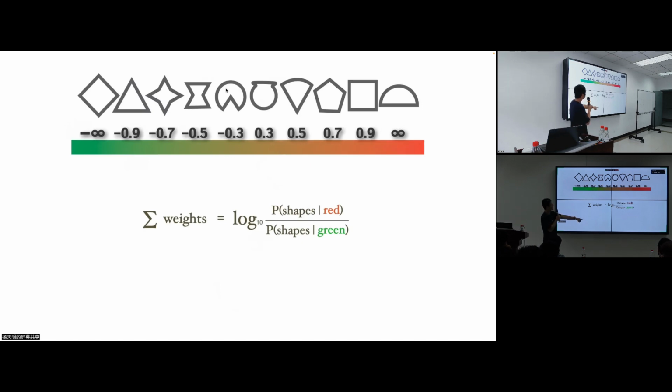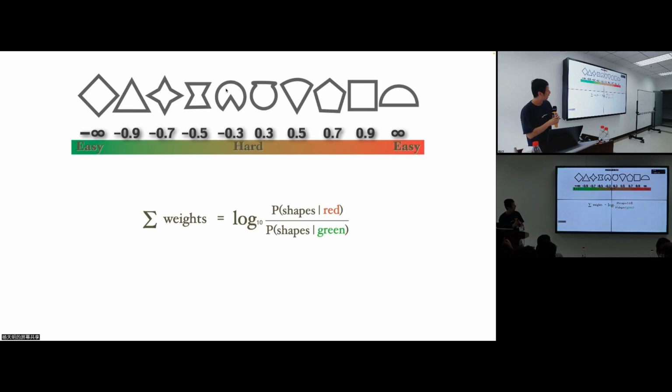And you can see, because this term is on the top, that means positive numbers are associated with the red target being the correct target, right? And if the weight is larger, that means that's a stronger piece of evidence. If the weight is infinite, that means if that shape appears, the monkey will be certain that red is the correct target.